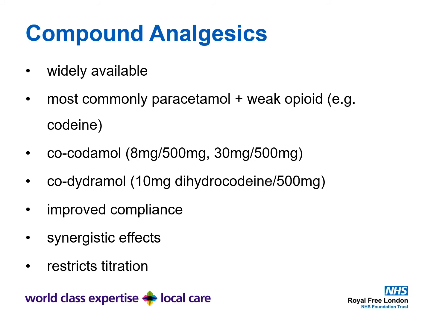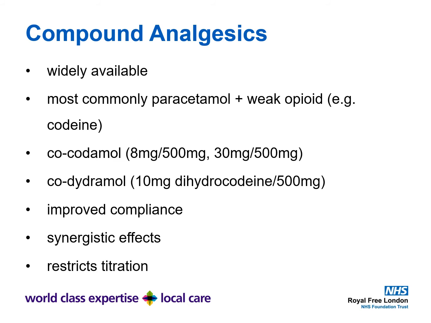So compound analgesics, these are analgesics typically available over the counter. They are widely available. Most commonly it is paracetamol and a weak opioid such as codeine. The types of combinations that you can get are 8/500 and 30/500, although 30/500 requires prescription. 8 and 10 milligrams over 500 milligrams of paracetamol do not.